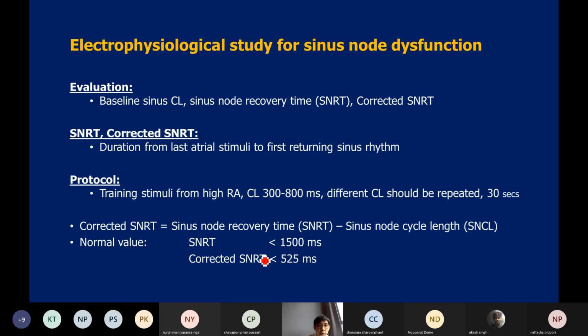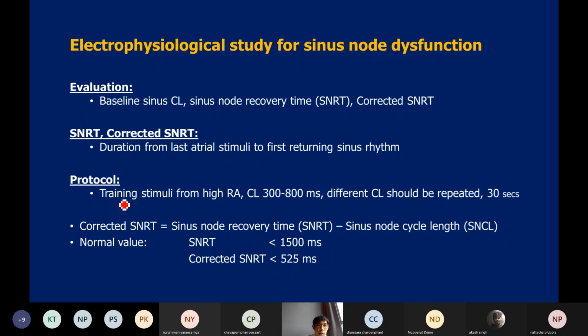The sinus node recovery time is the duration from the last atrial stimulus to the first returning sinus beat. We cause the sinus pause by pacing the atrium fast and then you stop pacing. This causes a sinus pause, and you see if the sinus node returns and how fast it returns.